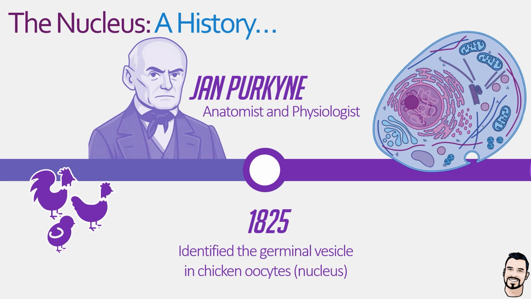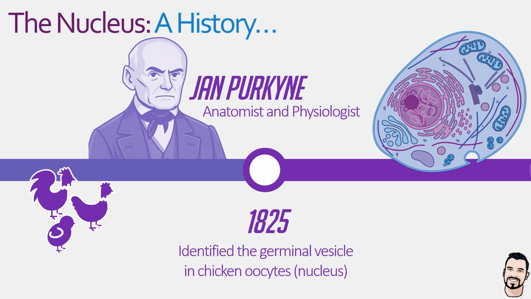This structure was in fact the nucleus, and his discovery confirmed that animal cells, like plant cells, also contained this central feature, and based on the nature of the cells he was examining, Purkyne suggested that the nucleus might play a role in development and organisation, hinting at its fundamental biological importance.